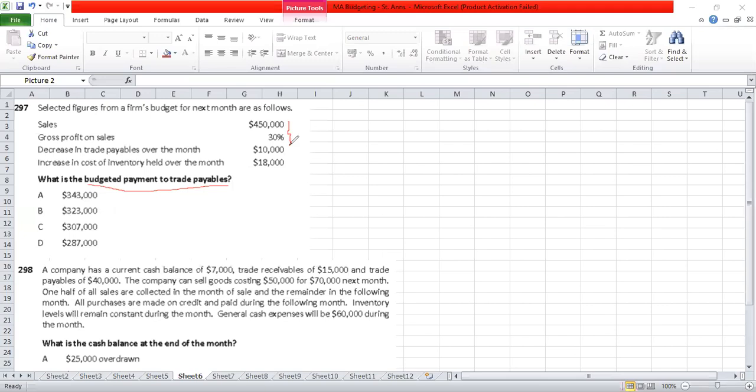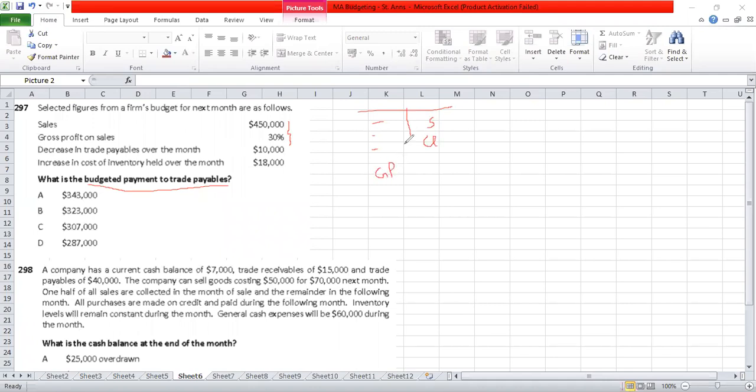The clue here is, first thing we need to find out what is cost of goods sold. If gross profit is 30%, the rest of it is cost of goods sold. So see, in a trading account, we have so many costs, opening stock, the other things. Then we have sales. Then we have closing stock. Then we have gross profit.